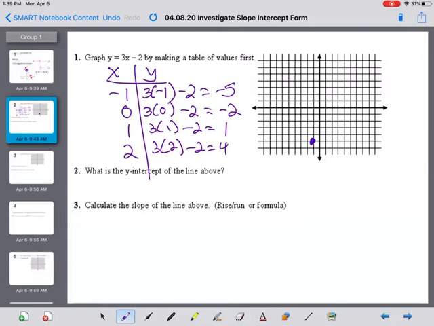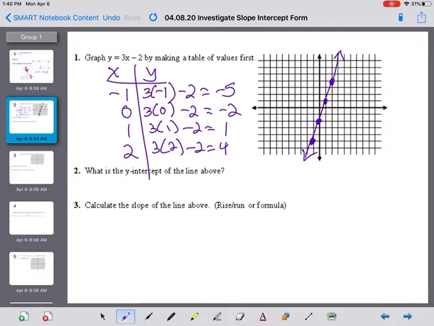So we're figuring out this shortcut that I was talking about, so that you don't have to make the table of values each time. And then, of course, we connect using a ruler. And there it is. And remember, that shows you all possible solutions to y equals 3x minus 2.